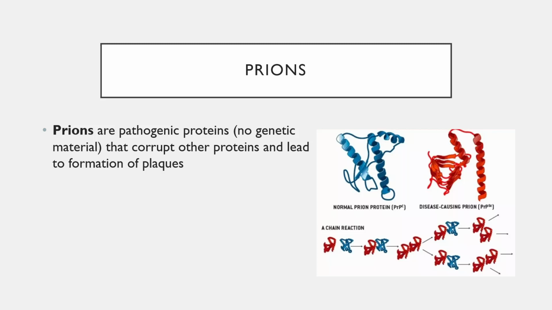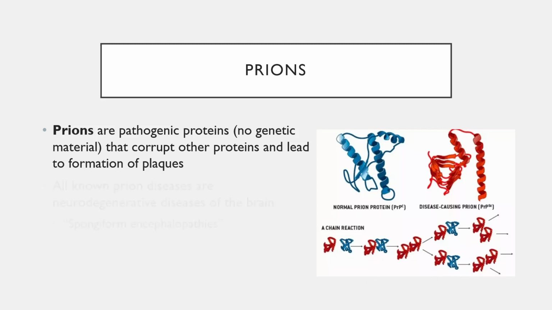A disease-causing prion protein, typically abbreviated PrP, capital P, with a little subscript which indicates what type of disease we're talking about, will approach other proteins and essentially change their shape and transform them into pathogenic proteins like themselves. And as the quantity of these proteins builds up, it forms plaques in the brain that inhibit neurological function.